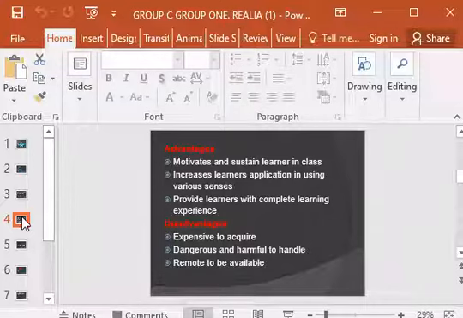Number two, some of them are dangerous and harmful to humans, so it becomes difficult for you to handle them. And then number three, some are remote to be available. So some of them are not easily available for use in class.